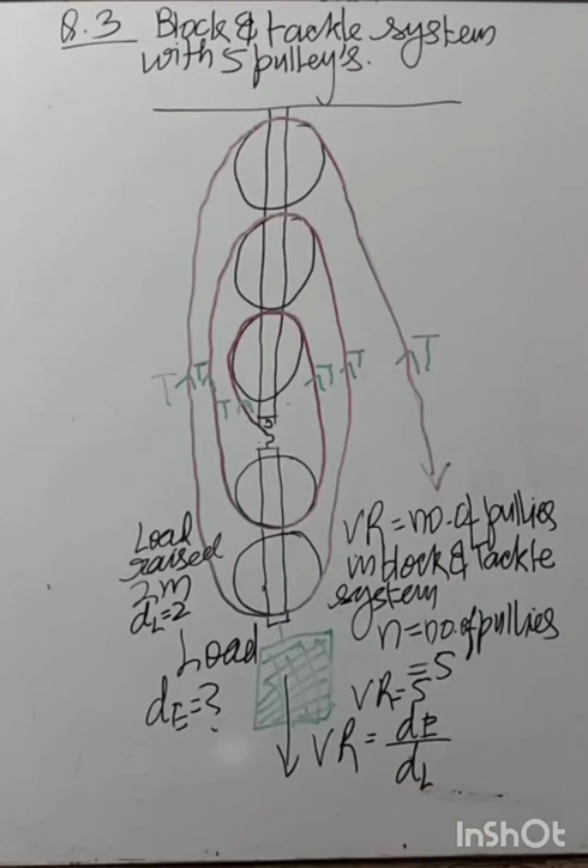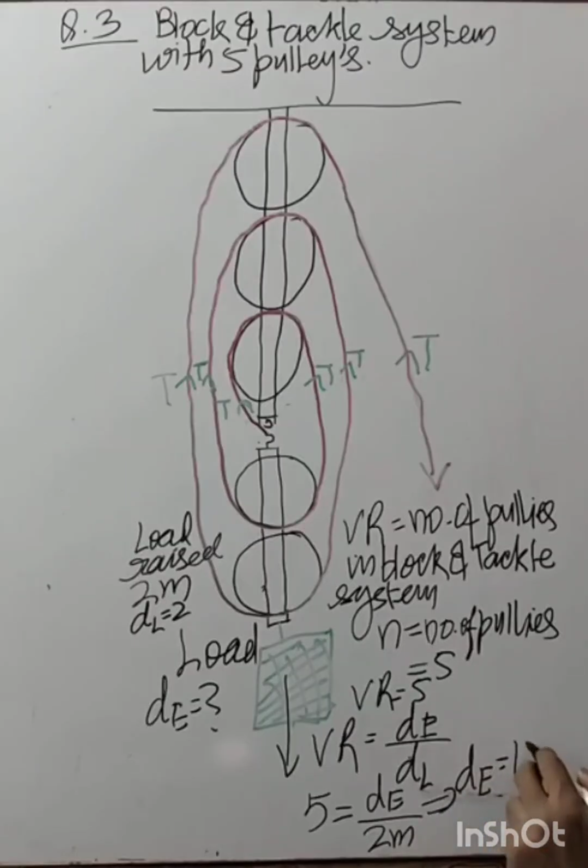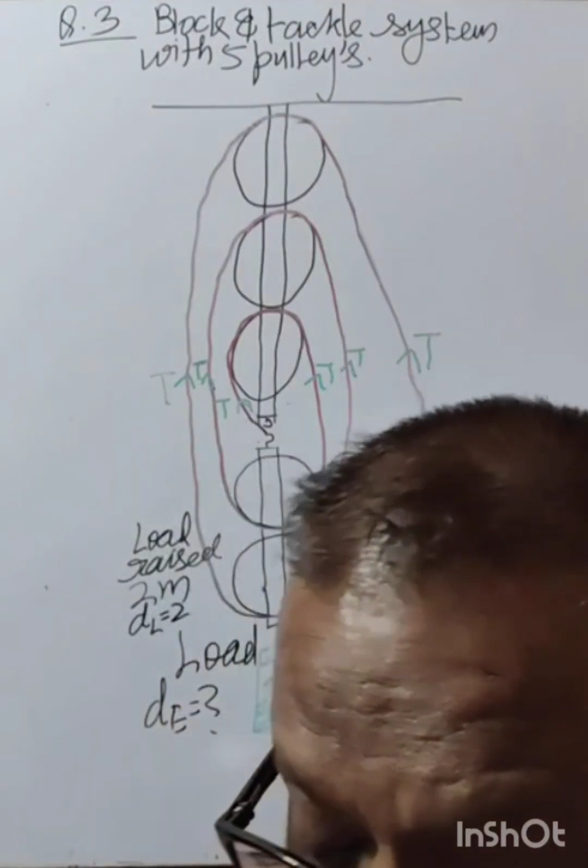So velocity ratio is 5, with 5 pulleys, is equal to effort arm, which we have to find, upon load arm, and load is raised 2 meter. So therefore effort arm will be 10 meter. So effort moves 10 meter.